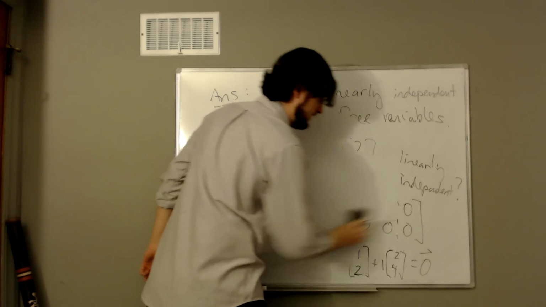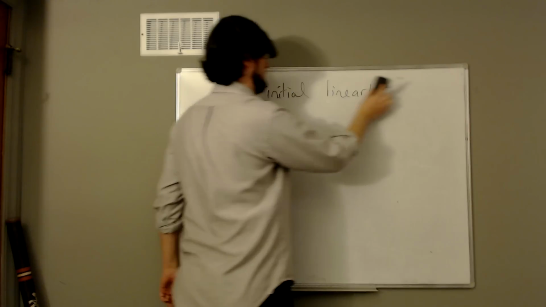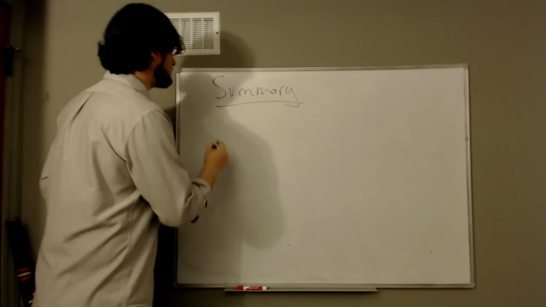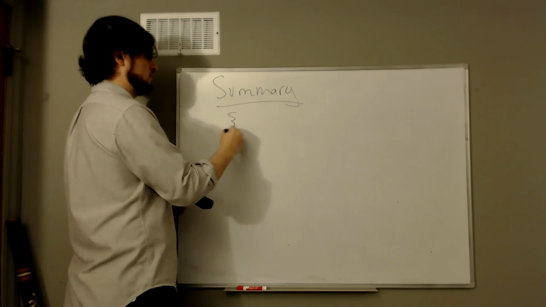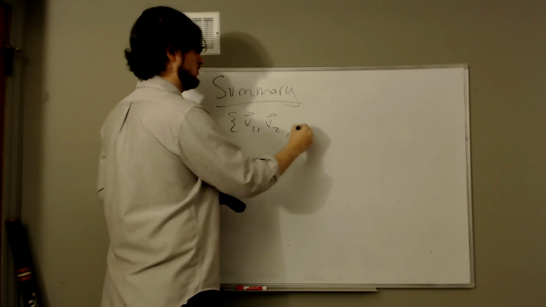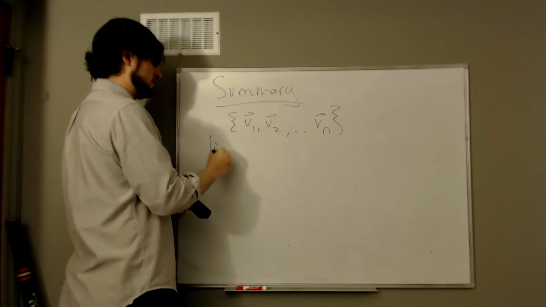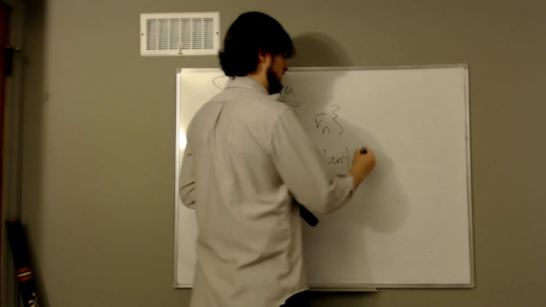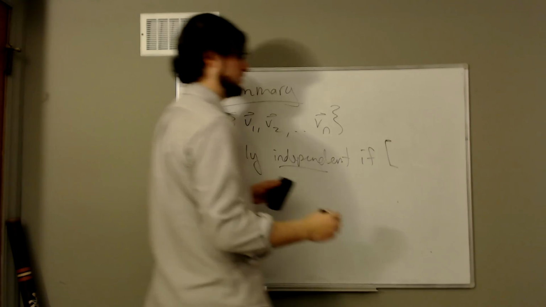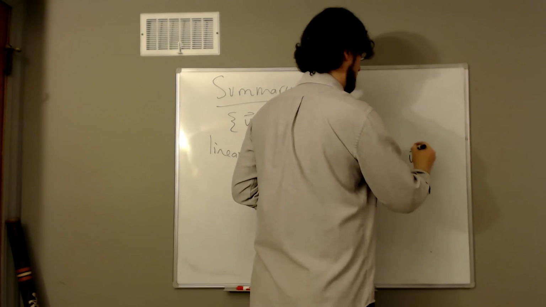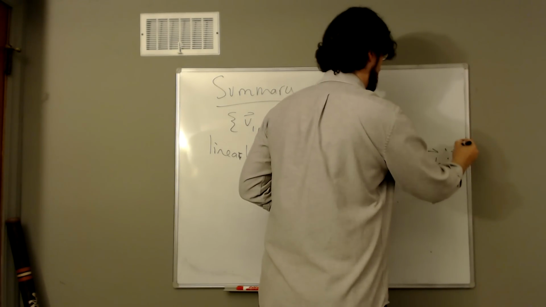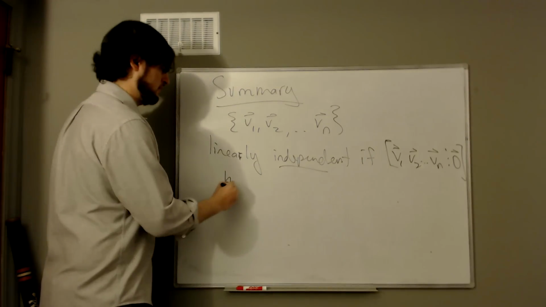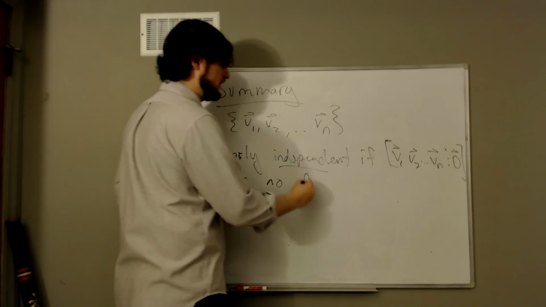So our summary, linearly dependent and independent. A set of vectors v1, v2, through vn is linearly independent if the matrix that I get by putting those into columns, with a column of zeros, so put v1 through vn in a matrix and then a column of zeros, has no free variables.